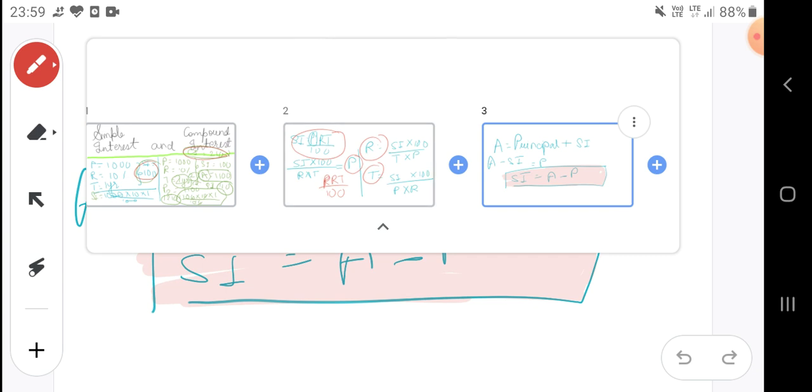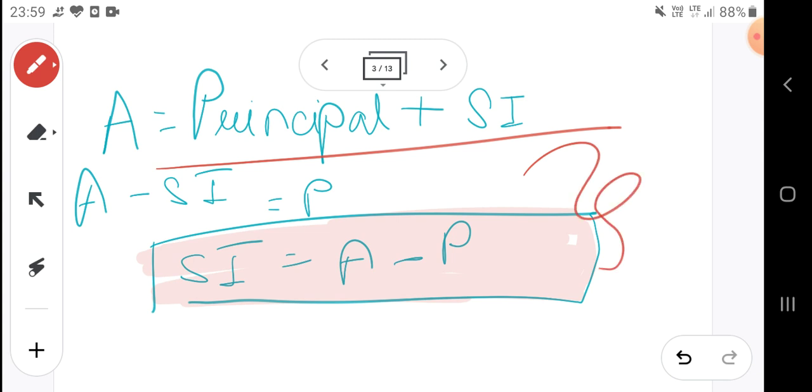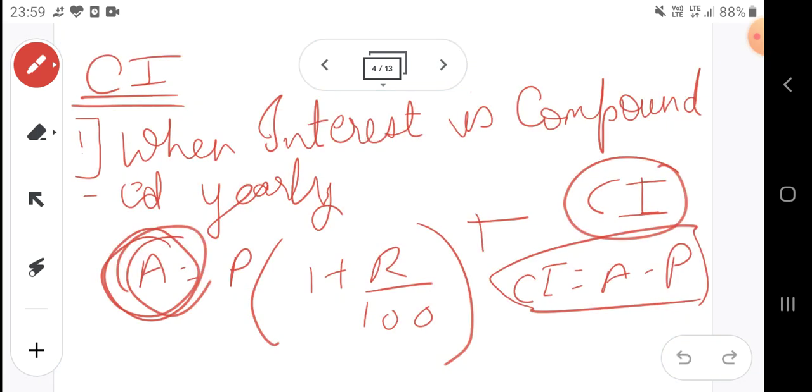Then let's see the next thing. Amount is principal plus SI, and from this only we have derived two more formulas. Now CI, compound interest. When the interest is compounded yearly, amount equals P bracket 1 plus R upon 100 raised to T. Got my point?